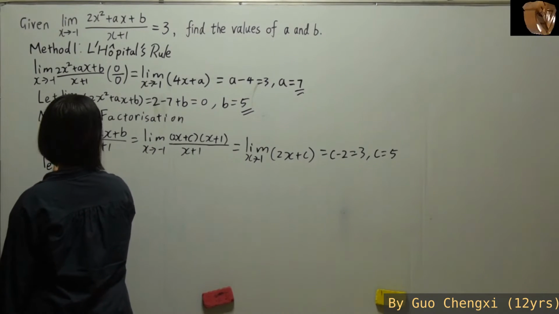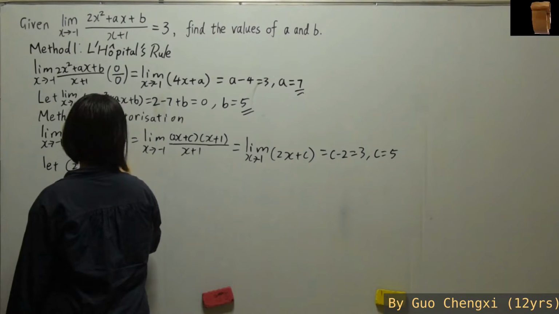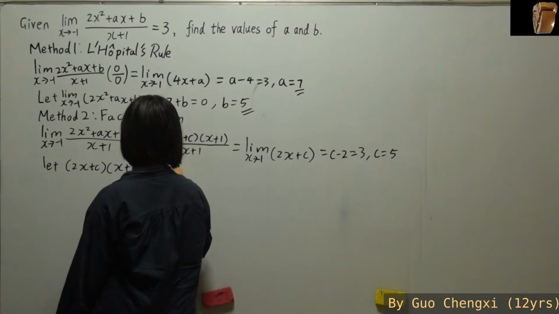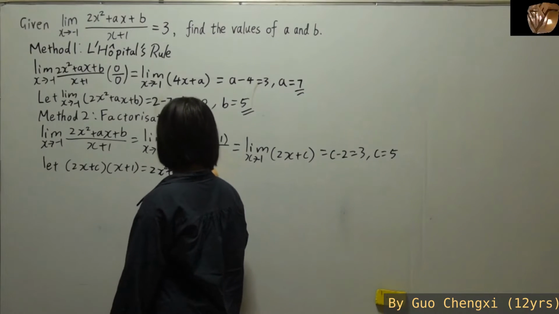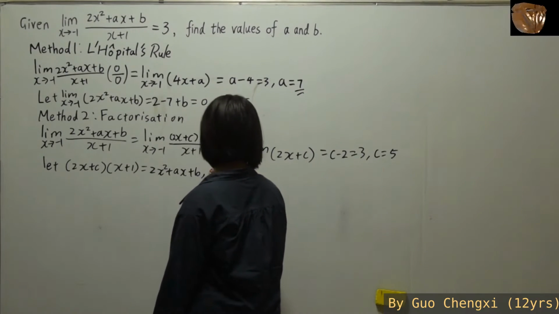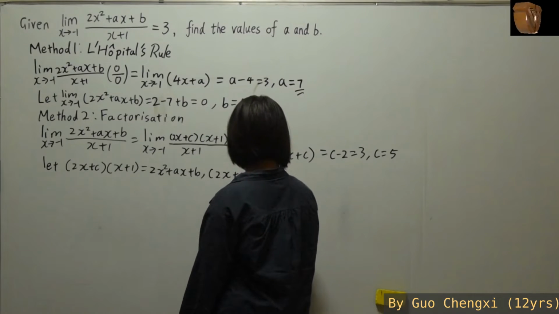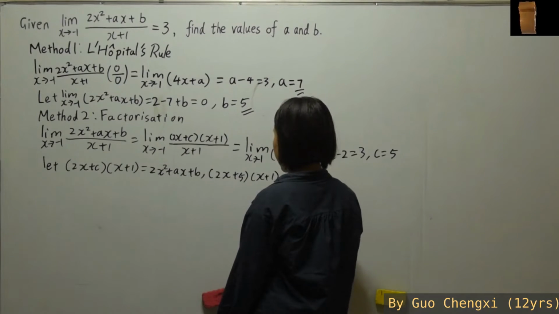We let (2x plus c) times (x plus 1) be equal to 2x squared plus ax plus b, so this is basically (2x plus 5) times (x plus 1) equal to 2x squared plus ax plus b.